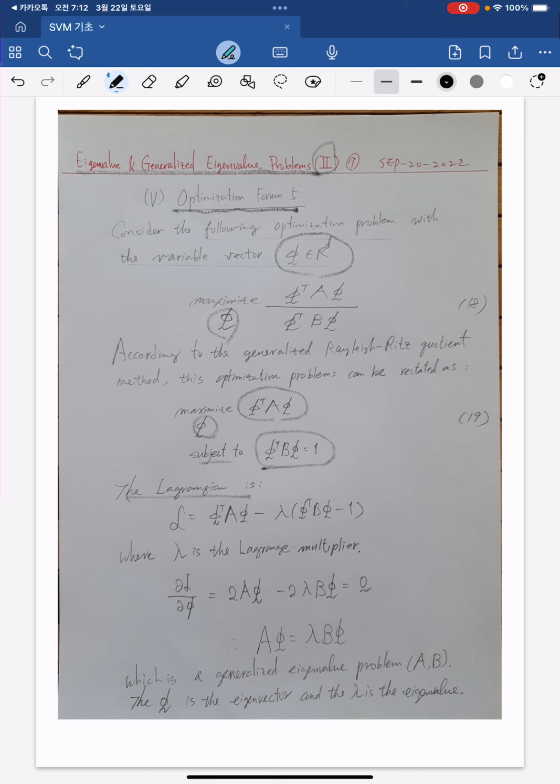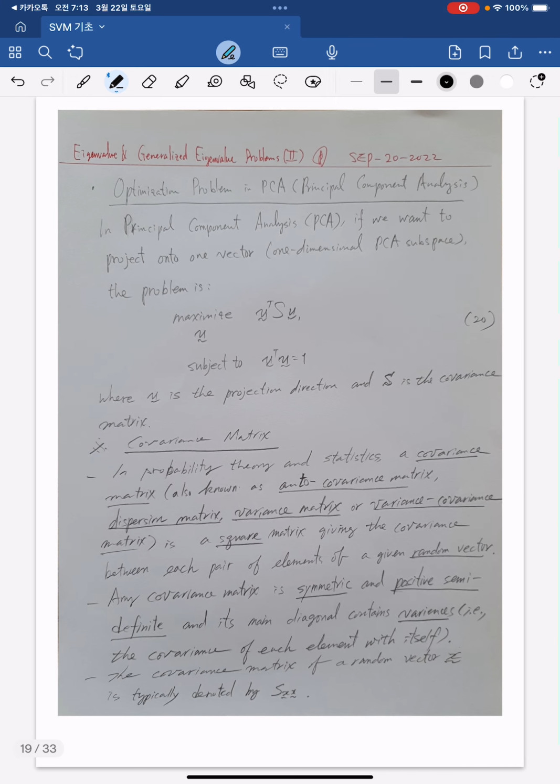The Lagrangian is like this. Lambda is the Lagrange multiplier. Taking the partial derivative with respect to phi gives A phi equals lambda B phi, which is a generalized eigenvalue problem A B. Phi is the eigenvector and lambda is the eigenvalue.